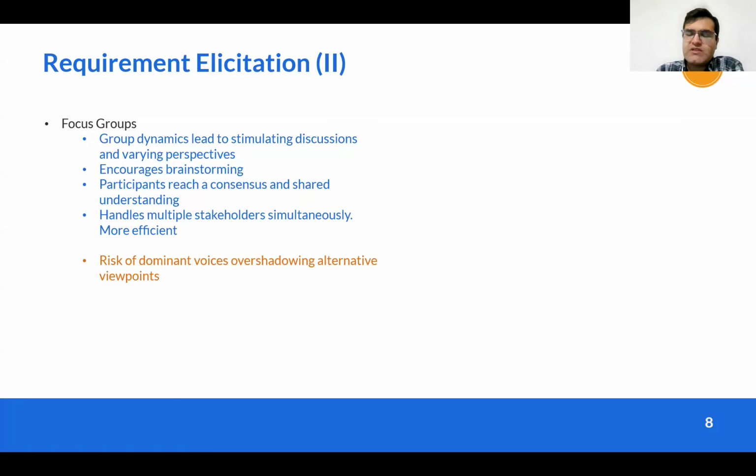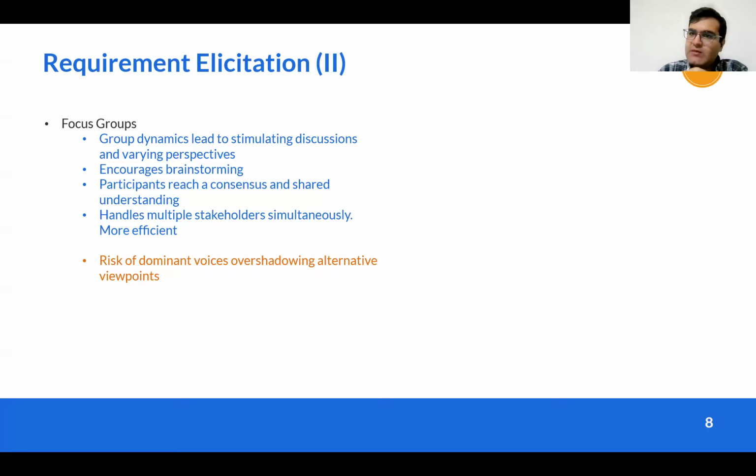The problem with focus groups is because it's a group discussion, and people don't really know one another. And the moderator is there, but he's not really part of the discussion. When the stakeholders are discussing, they're supposed to pretend that the moderator doesn't exist. He only steps in if things are going off topic or if things are getting too heated.